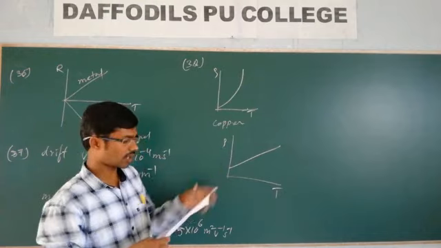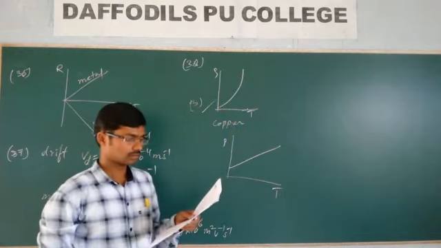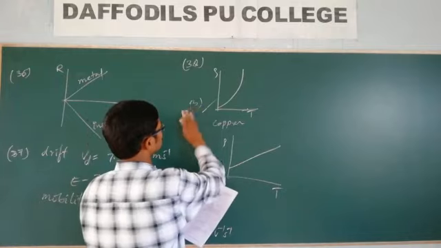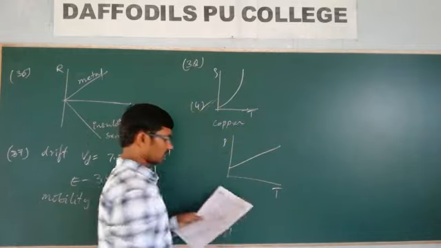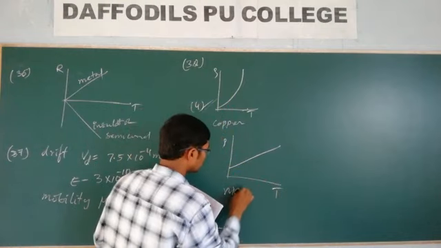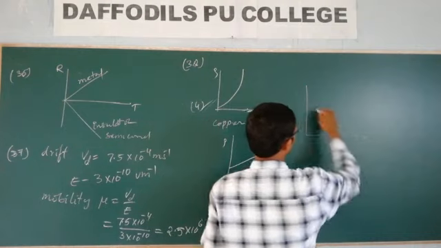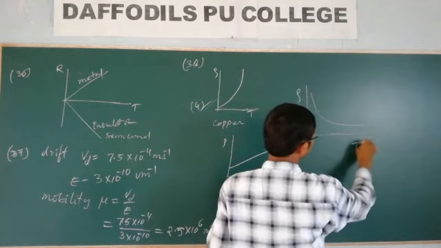And we have seen for nichrome, resistivity with temperature. So then what do we have? The third option is the correct one for copper.